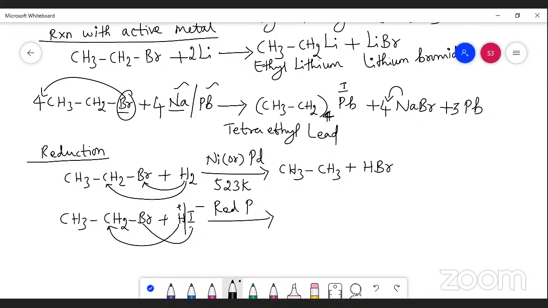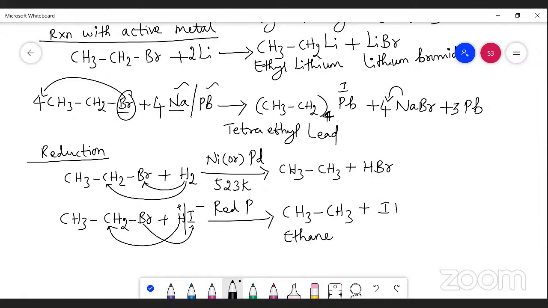So here we'll get one alkane, CH3-CH3 with a single bond. So this is your alkane, ethane, and your side product HBr.